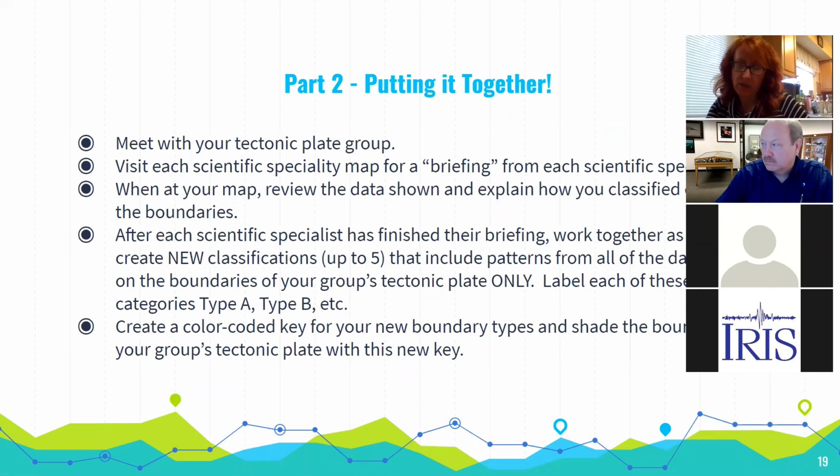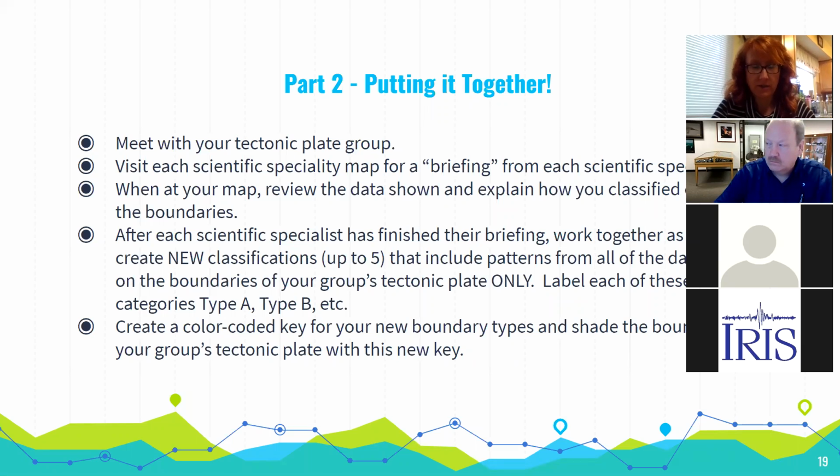Now they've become a specialist in a certain area, and then they're going to come back and meet with their tectonic plate group. So for example, the North American Plate Group will now have 4 people meeting who each have a specialty, and each are bringing a piece of the puzzle to put together into a full understanding of what's happening at these boundaries.